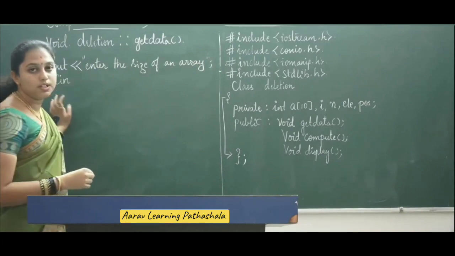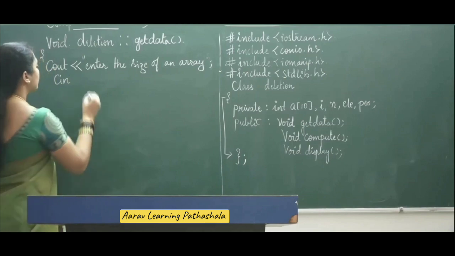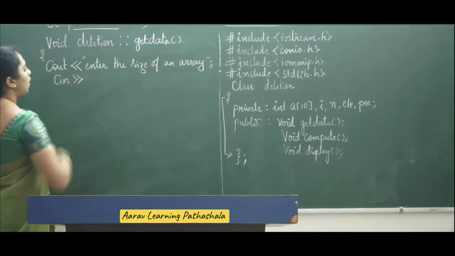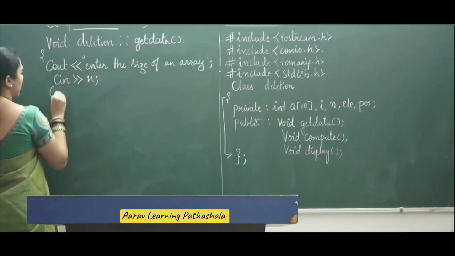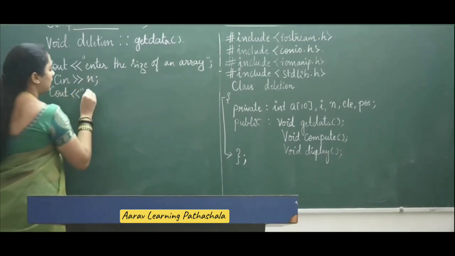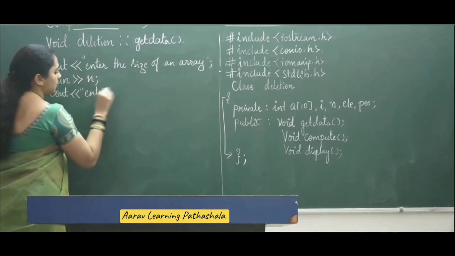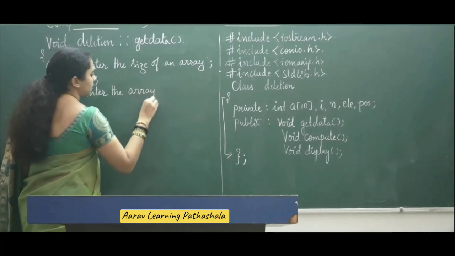So cin statement is used to read the data from the standard input device using the extraction operator. The size of an array is n. Next, we are going to enter the array elements.